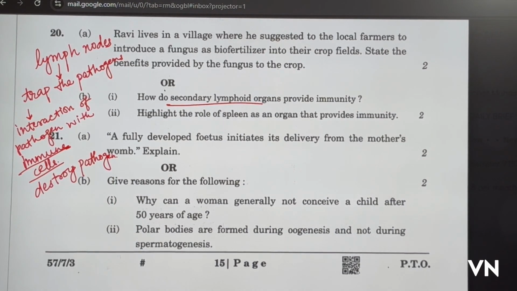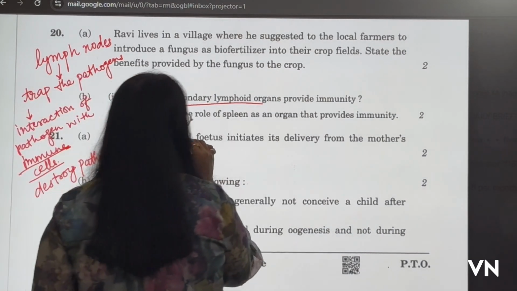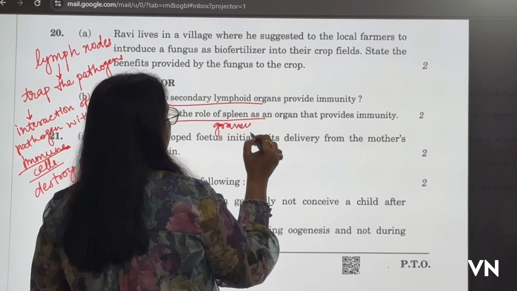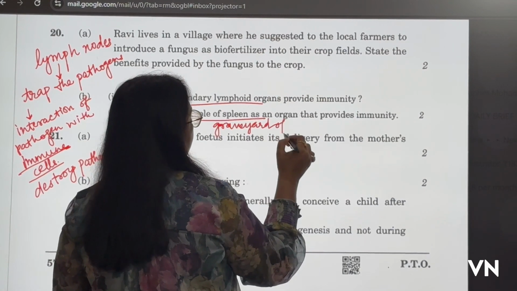Highlight the role of spleen as an organ that provides immunity. Spleen is also called graveyard of RBC.